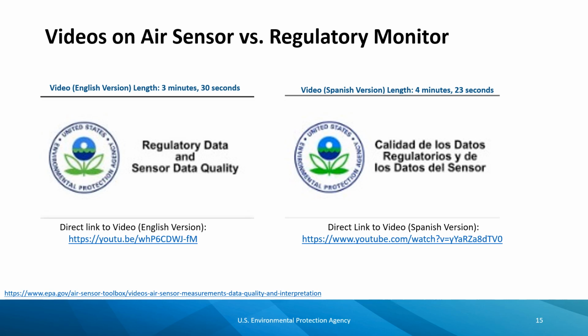These include requirements for where monitors are sited, as well as how samples are collected and analyzed. Regulatory monitors are operated and maintained by trained staff. EPA is confident that the air quality measurements this network provides are accurate. In comparison, air quality sensors can be portable, less expensive, designed to be low maintenance, and require minimal training to operate. So how can we put sensors and their data in context? It depends on your objectives and purpose for measurement.